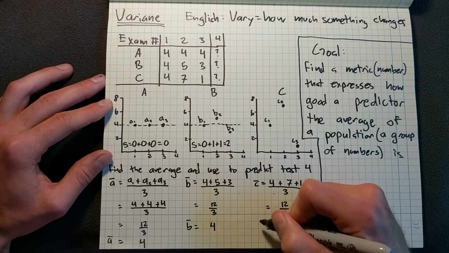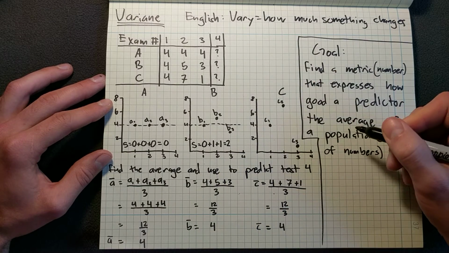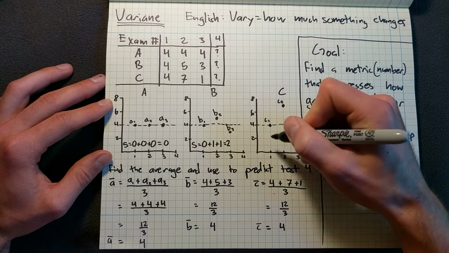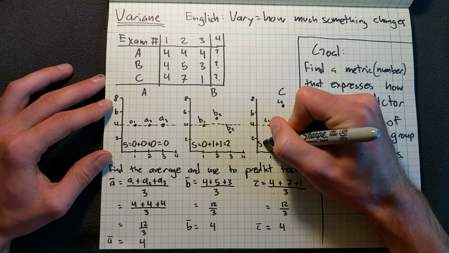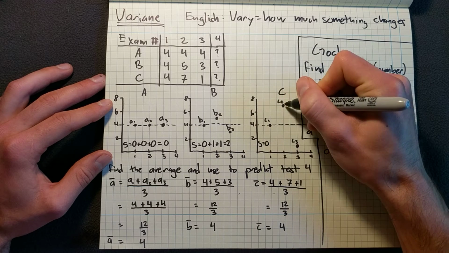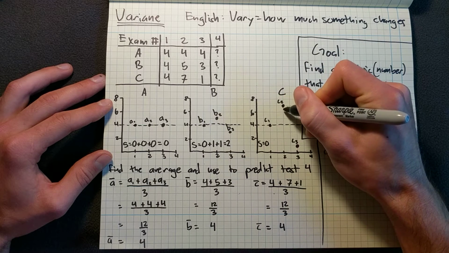Let's look at C. Again, average of 4. Draw that line across. So our score is, again, we travel 0. For C2, point 2, we travel 1, 2, 3.